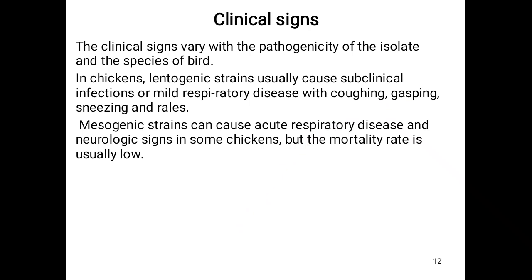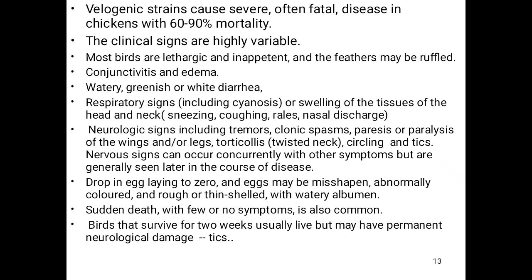The mesogenic strain can cause acute respiratory disease and neurologic signs in some chicken, but the mortality rate is usually very low. So the mesogenic, as we said earlier, is the less virulent one. The velogenic strain causes severe, even fatal disease. It causes high mortalities of 60% to 90%.